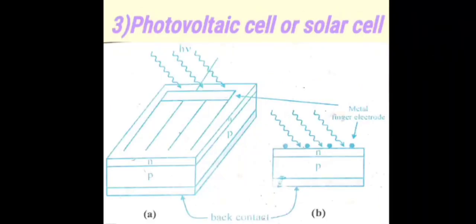Next one is the photovoltaic cell or solar cell. See, a solar cell is basically a PN junction diode which generates EMF when solar radiation falls on the PN junction, which is represented here. It is a solar panel.